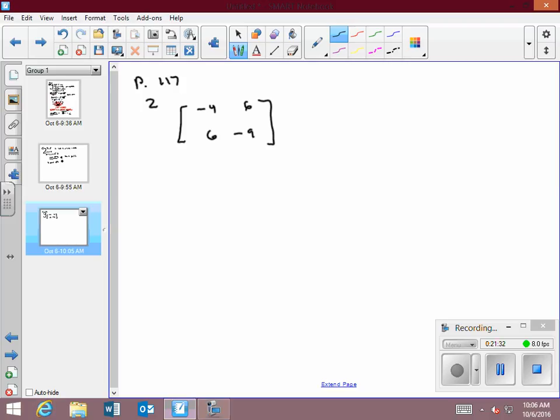You can see it if you take the determinant of A. The determinant is AD minus BC, and remember that the entries are A, B, C, and D. So the values are minus 4 times minus 9 minus, that's 6 and 6.